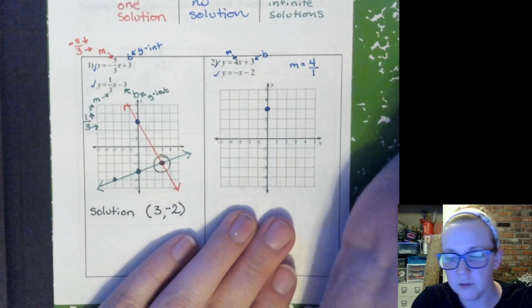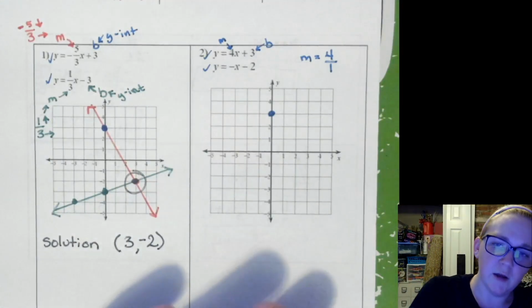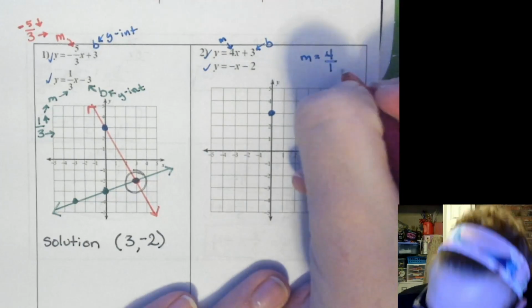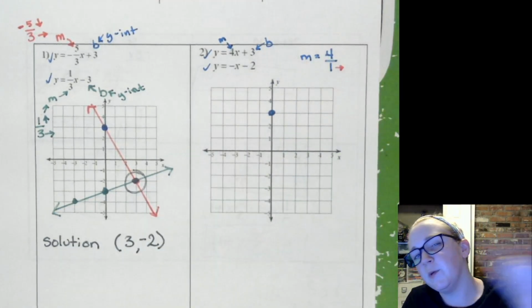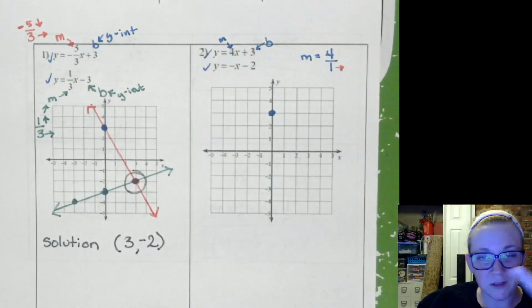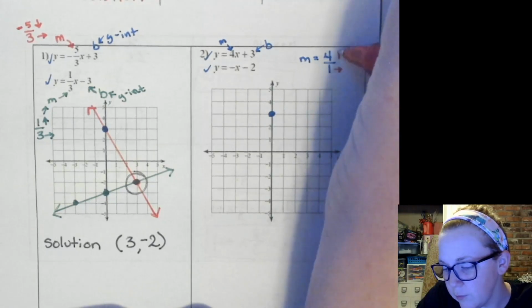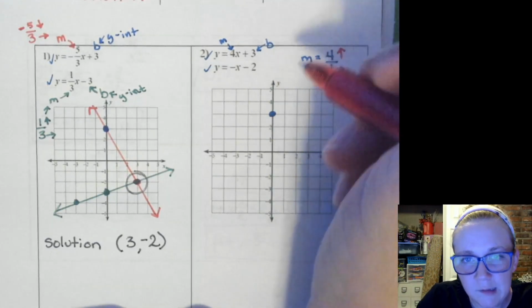So if our slope is 4/1, remember, the bottom number is how far to the right, and the top number, is it positive or negative? Hopefully you said it's positive. So positive means you go up.